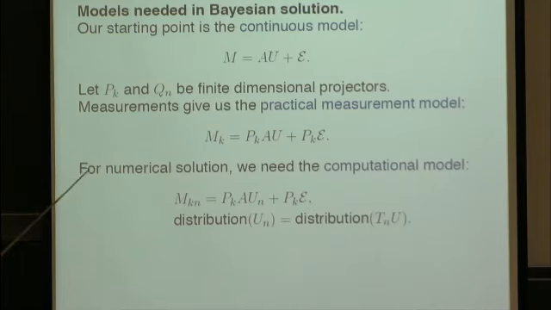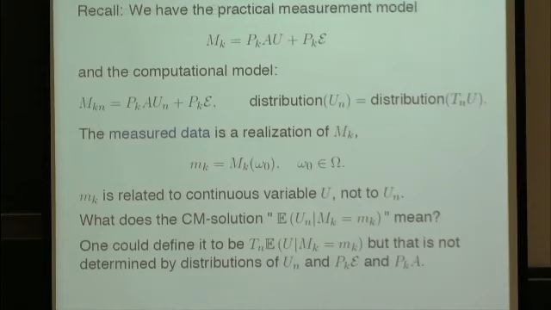And then for numerical solutions, we have the computational model where everything is discretized. The model looks like this. And I have here a finite dimensional random variable whose distribution is the same as the projection of u. So here I recall just things from the previous slides.